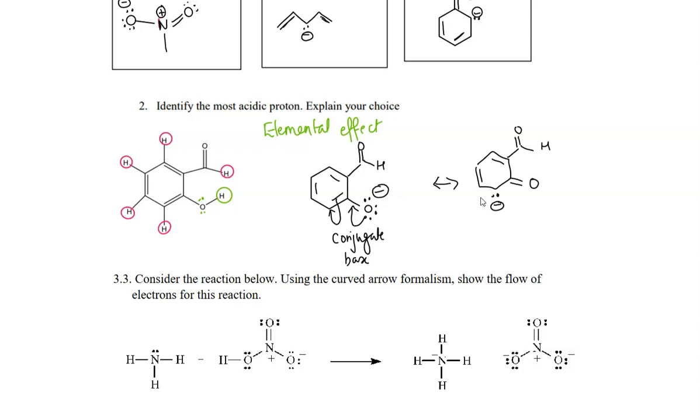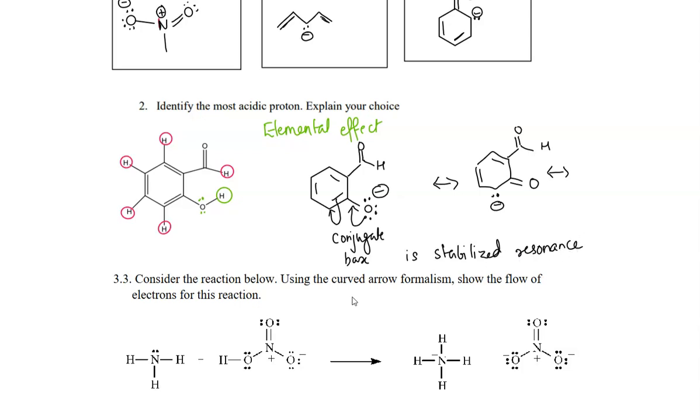atom. Just like we did in the previous example, this pair of electrons can be delocalized over the entirety of this ring, so we can draw multiple resonance structures, which is again a reason why the hydrogen circled in green is the most acidic one, because the conjugate base is stabilized by resonance. Resonance is a phenomenon of stability.